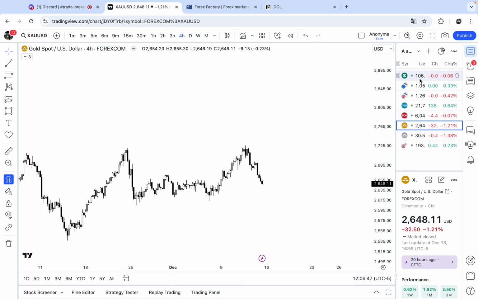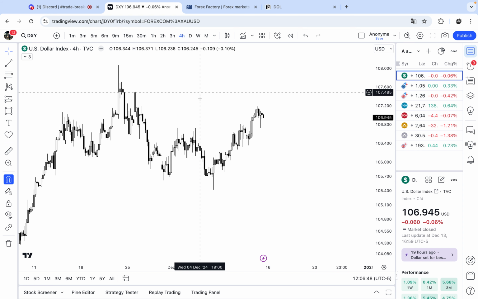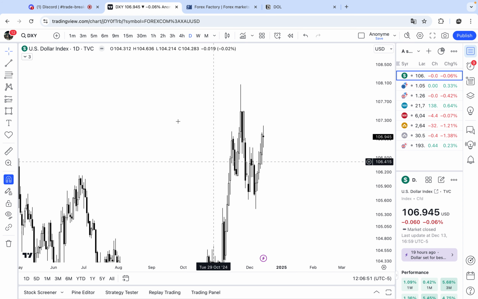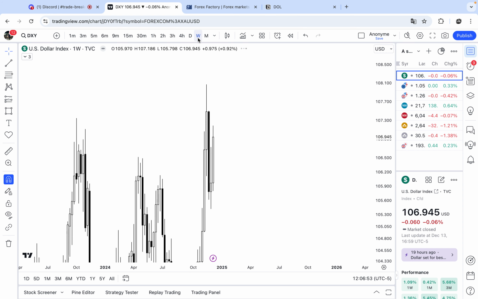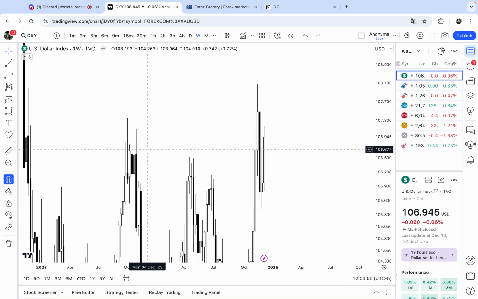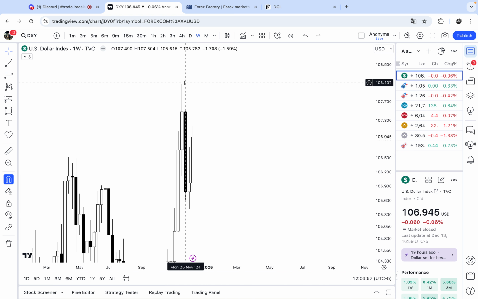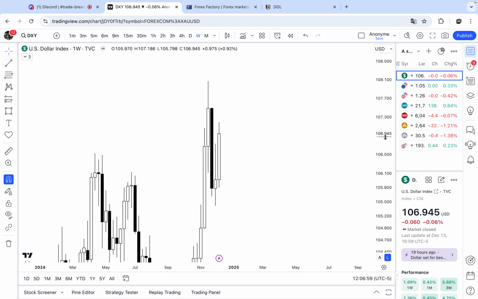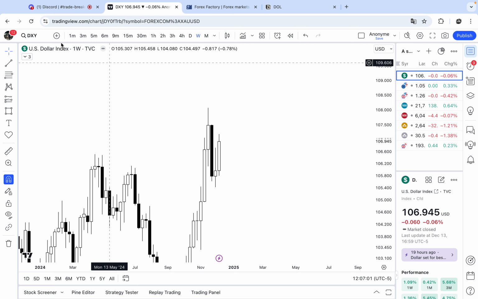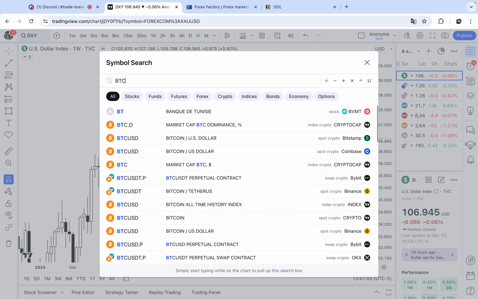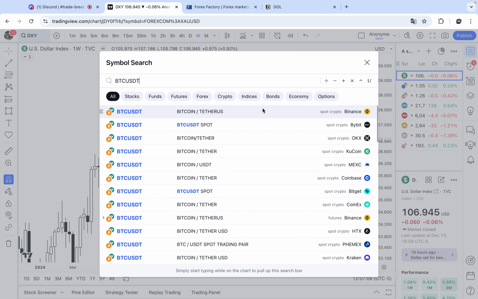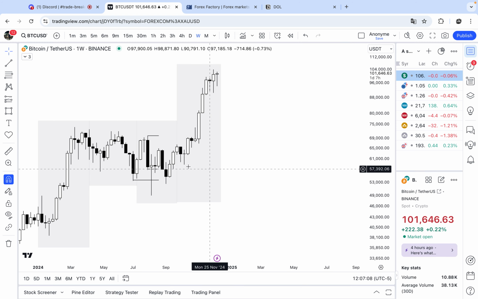Let's see. But here, what I'm seeing, we will see the same thing on BTC next week. Let me look at BTC quick. Oh yeah, look at that.